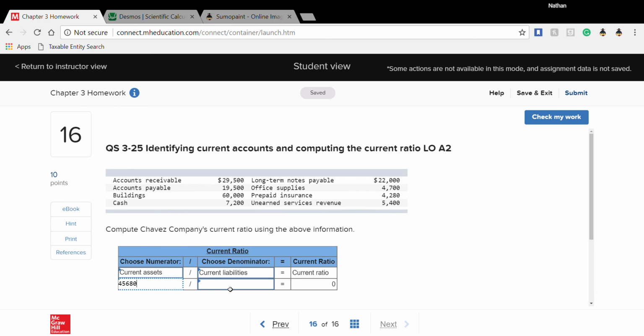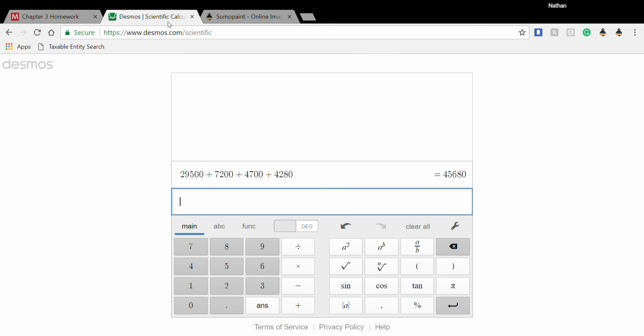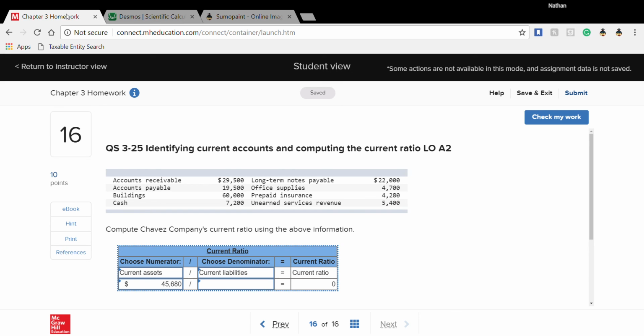45,680. Cool. So now we add our current liabilities, which happens to only be accounts payable and unearned. So 19,500 plus 5,400. Let me double check.